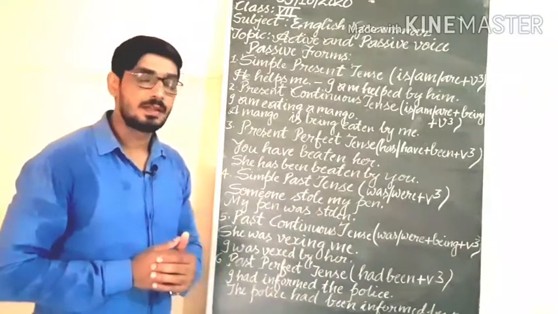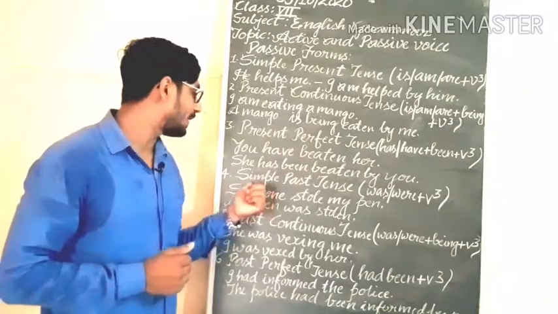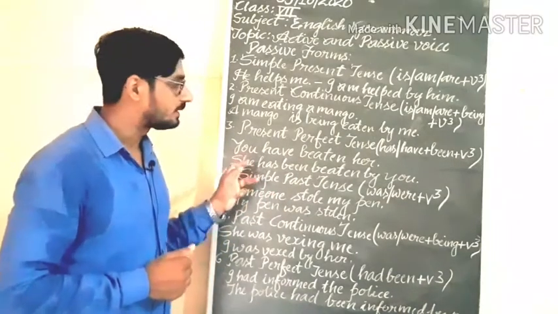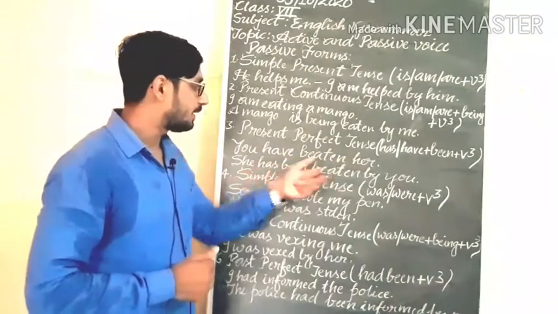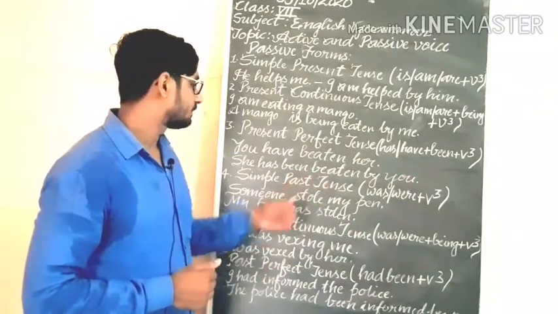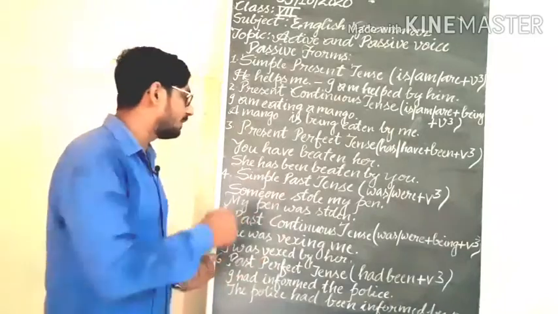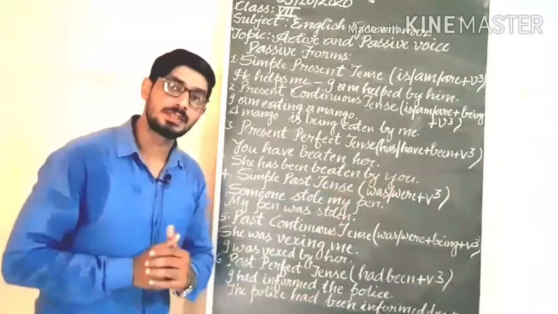So first we will change the object as a subject in passive voice. So it will be here as a subject she, and with she we will use has because she is singular. Been, according to word structure, main verb third form, beaten: she has been beaten, and we will include the word by after, with you as an object in passive voice.